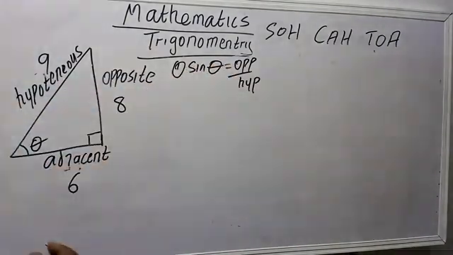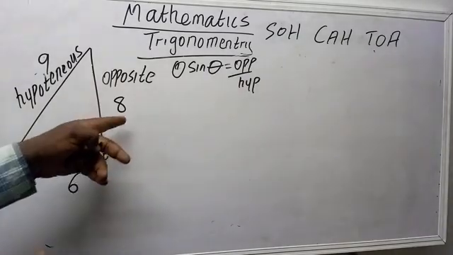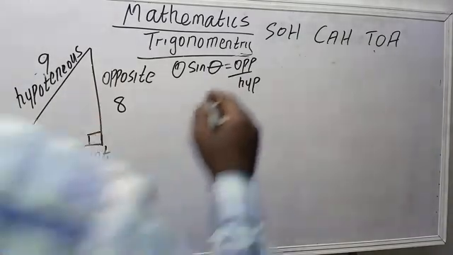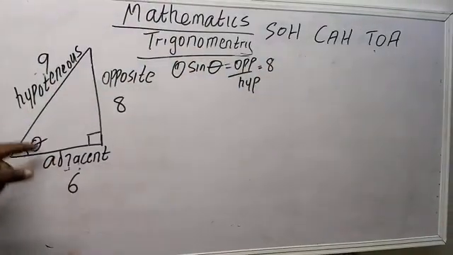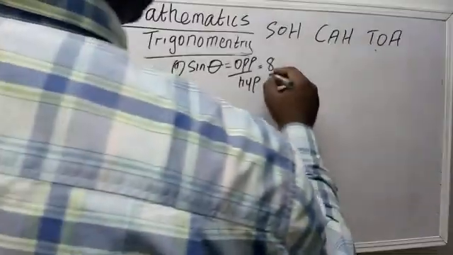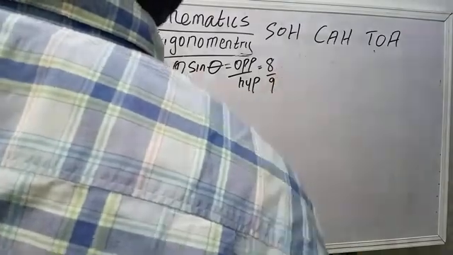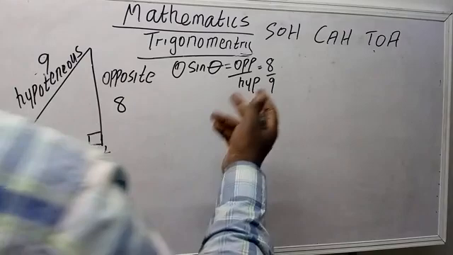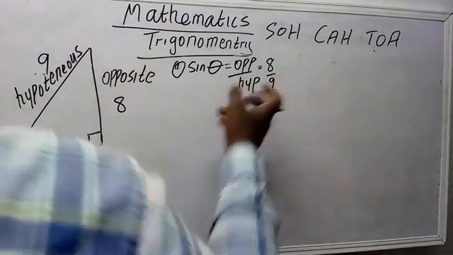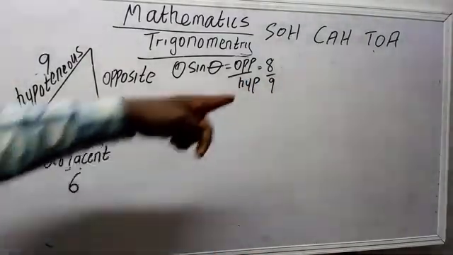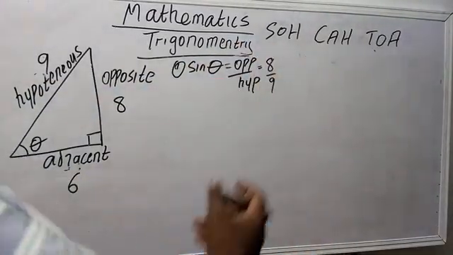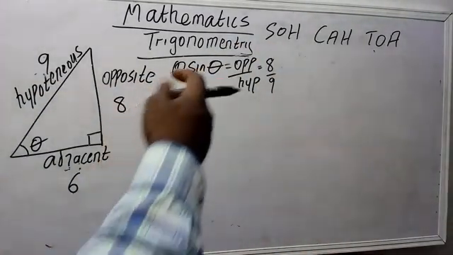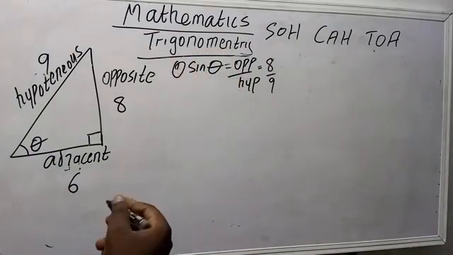What's our opposite here? Our opposite is 8, and our hypotenuse is 9. So our sin theta is 8 over 9. You can leave your answer like this, or you can use a calculator further.